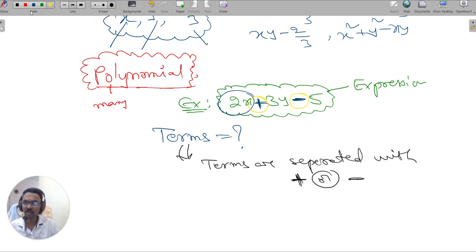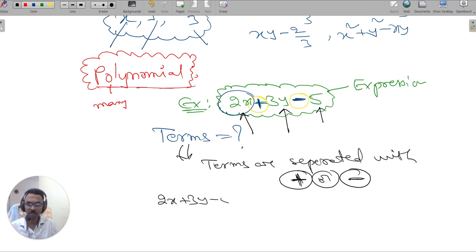See, this is one, this is one, and this is one. That means terms are separated with addition or subtraction. Therefore, now you can say how many terms are there in the expression 2x plus 3y minus 5.